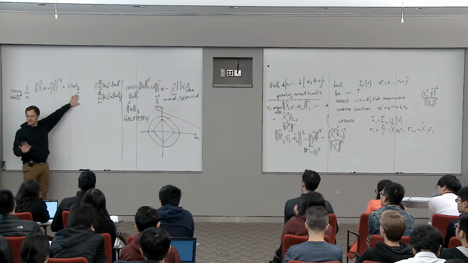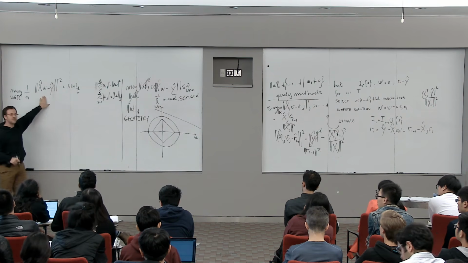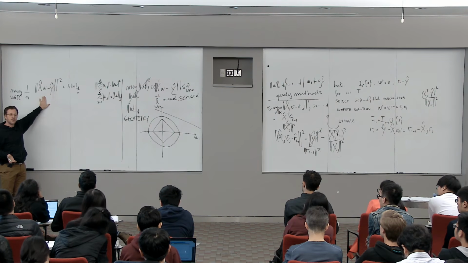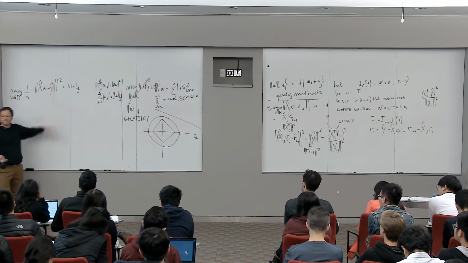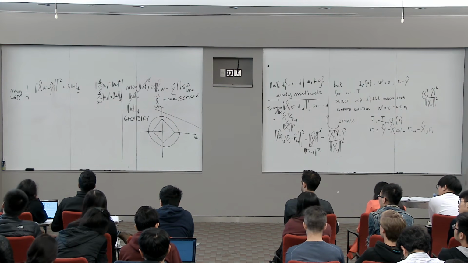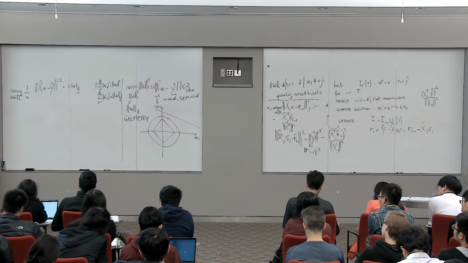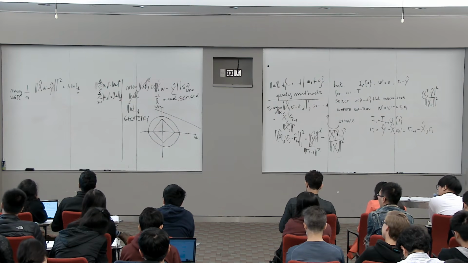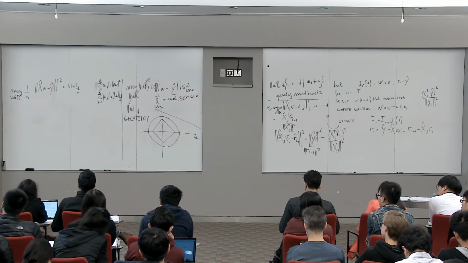So this part is really minimal assumption, but this guy here is actually differentiable. Okay? Now you can ask, okay, can I do something with this? I know that I have two parts, the differentiable part and the non-differentiable part. Can I exploit this special structure to do something better than just subgradient? And the answer is yes.